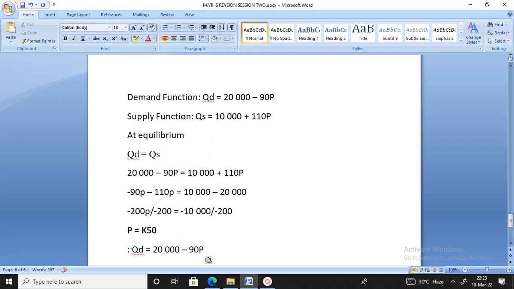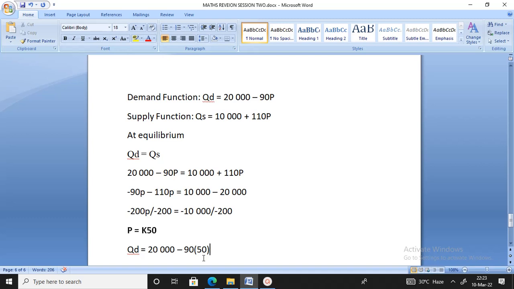So what will be quantity demanded when the price is 50? Because that's the equilibrium price we've got. Where there is P, put 50, so 50 multiplied by 90.